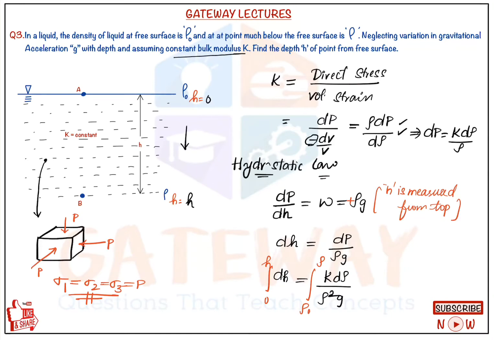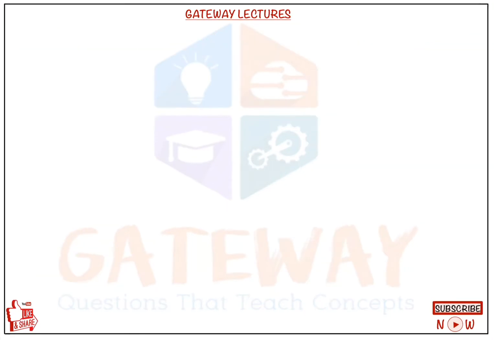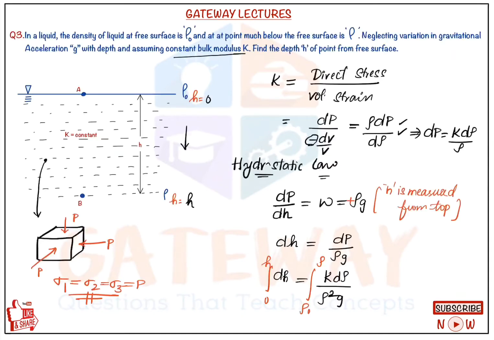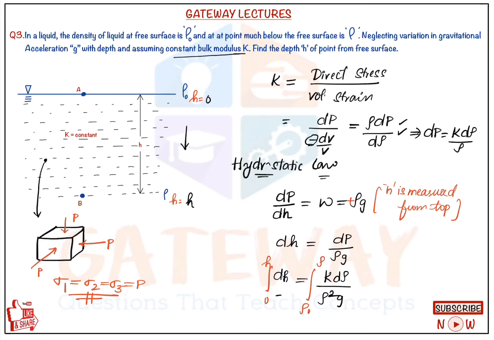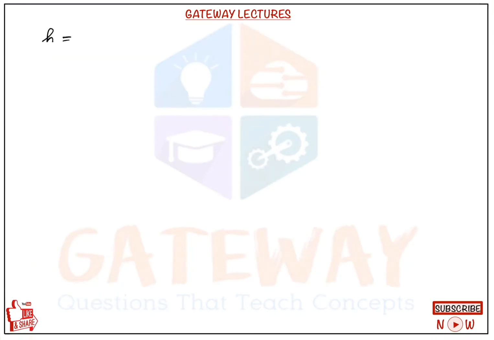Now it is a game of mathematics. The integral of dh is nothing but h, with limits 0 to h. So h is equal to K by g, since g is constant, it comes out of the integration, times the integral from rho naught to rho of d rho upon rho square.